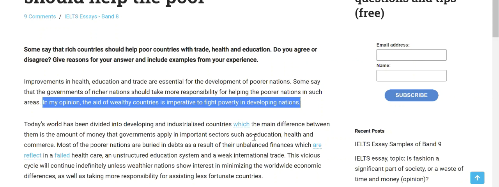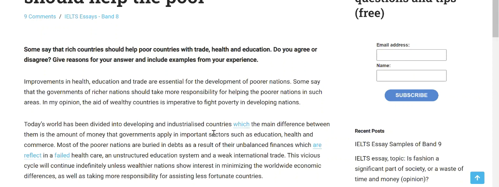Today's world has been divided into developing and industrialized countries, in which the main difference between them is the amount of money that governments apply in important sectors such as education, health, and commerce. Most of the poor nations are buried in debt as a result of their unbalanced finance, which is reflected in the failed healthcare, unstructured education system, and weak international trade.